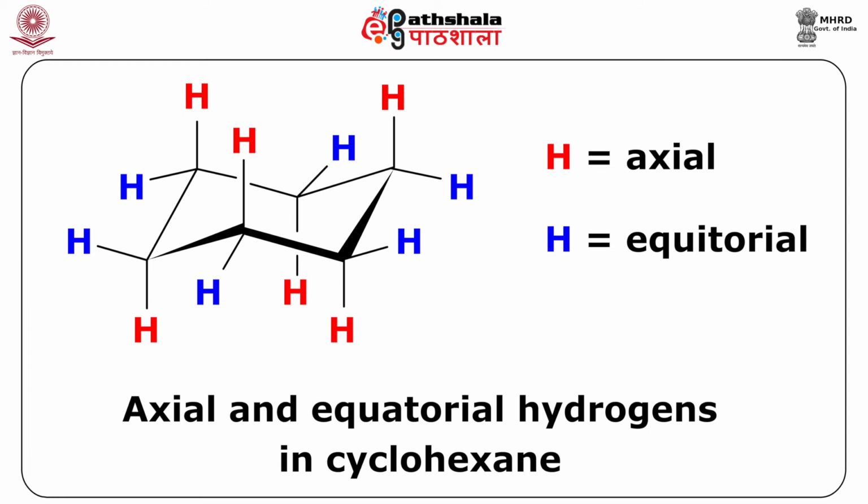Hence, one can expect two signals in the proton NMR spectrum of cyclohexane, one for 6 axial protons and the other for 6 equatorial protons. The NMR spectrum of cyclohexane shows only a single sharp peak at a delta value of 1.4 ppm. Now, how is that possible?